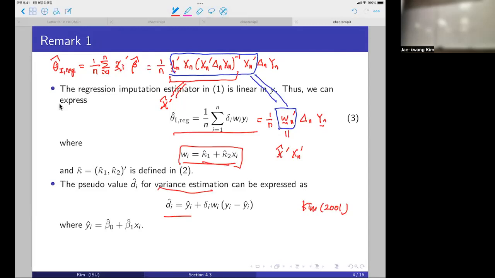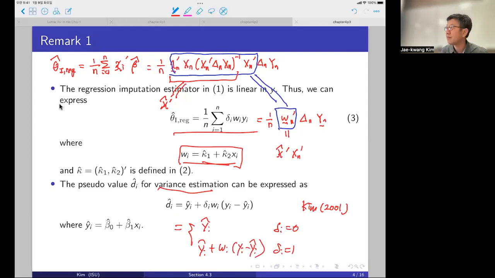If delta equals 1, we observe y_i. For delta equal to 0 we have this one, and for delta equal to 1 we have this.